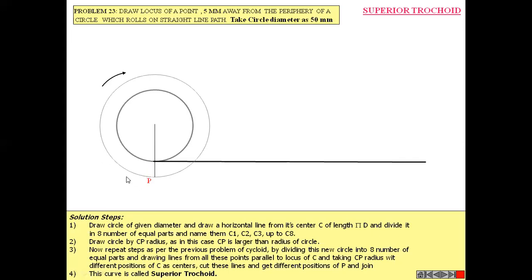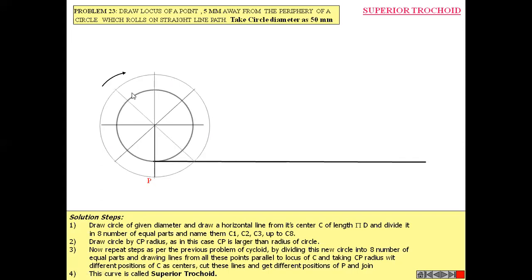So again you have to draw one circle passing through this point. From the center to this point, the radius is 25 plus 5. So you have to draw one outer circle having a radius equal to 30 mm.